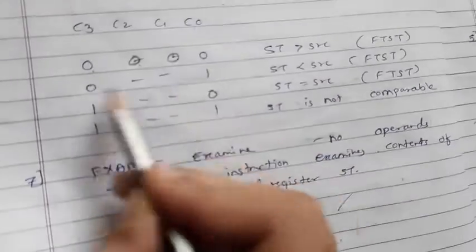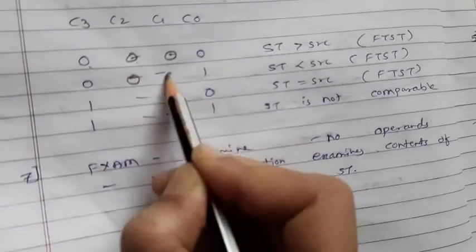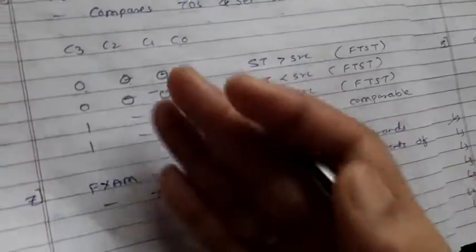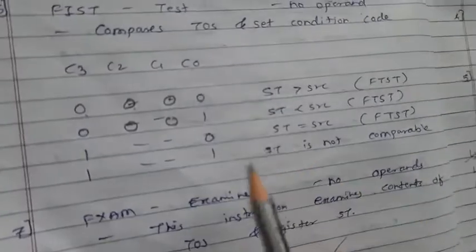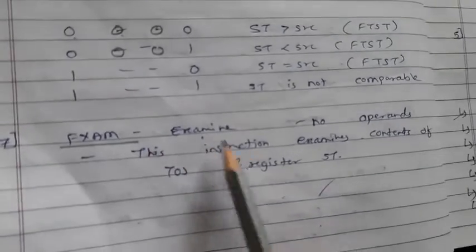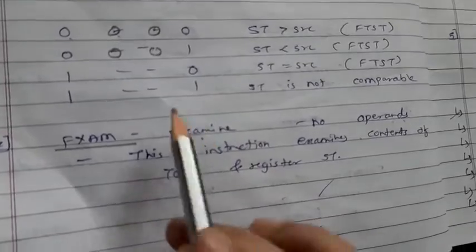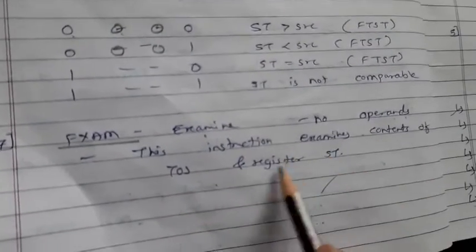If the combination is 0 0 0 1, then the condition will be like top of stack is less than the source, and likewise the 15 conditions will be there. The next instruction is fxam, that is examine. This instruction also comes with no operand. This instruction examines the contents of the top of stack, and accordingly it will set the condition codes.